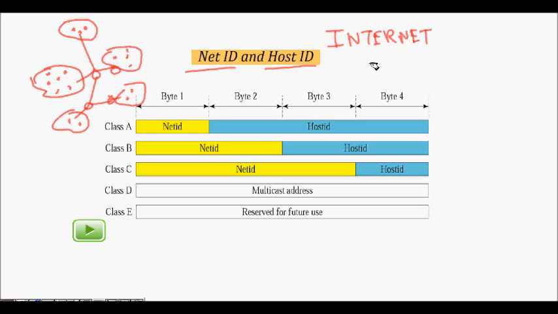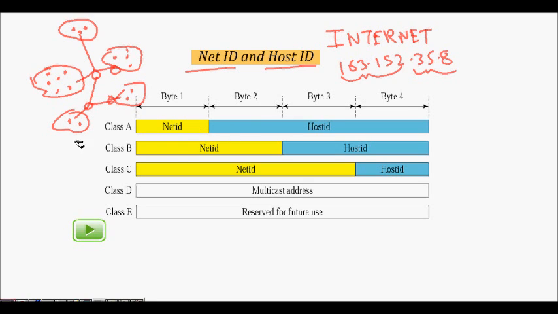So for example, if we have 163.152.35.8 and this is a class B network, so this part is your network ID and this is your host ID, okay. So the first part, which is the network ID, describes which network you belong to, and the next one is your host number.